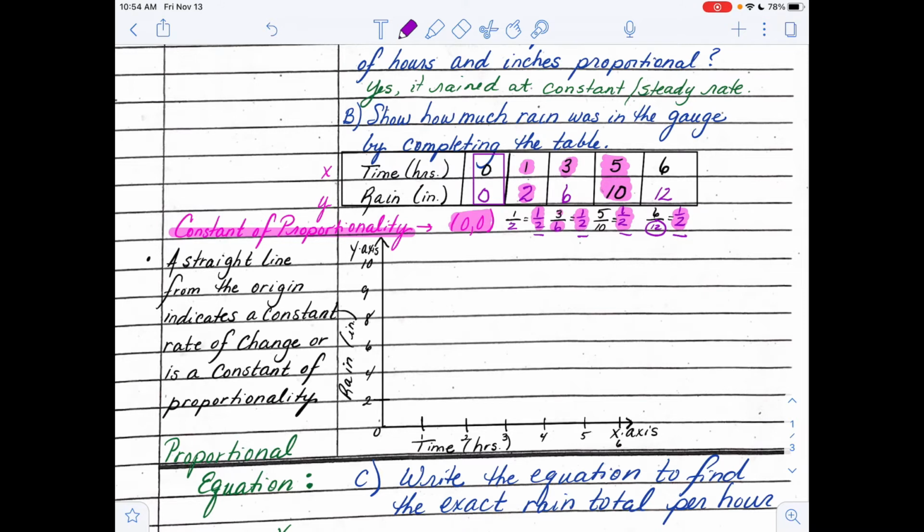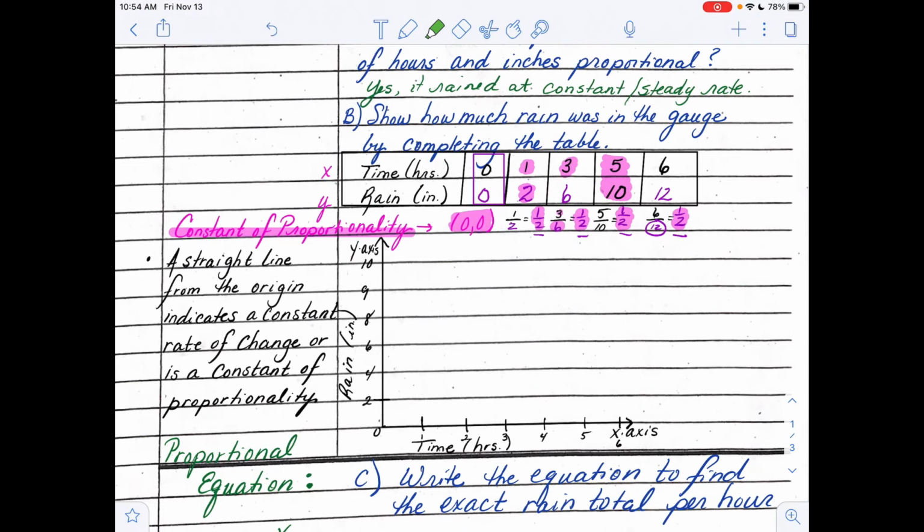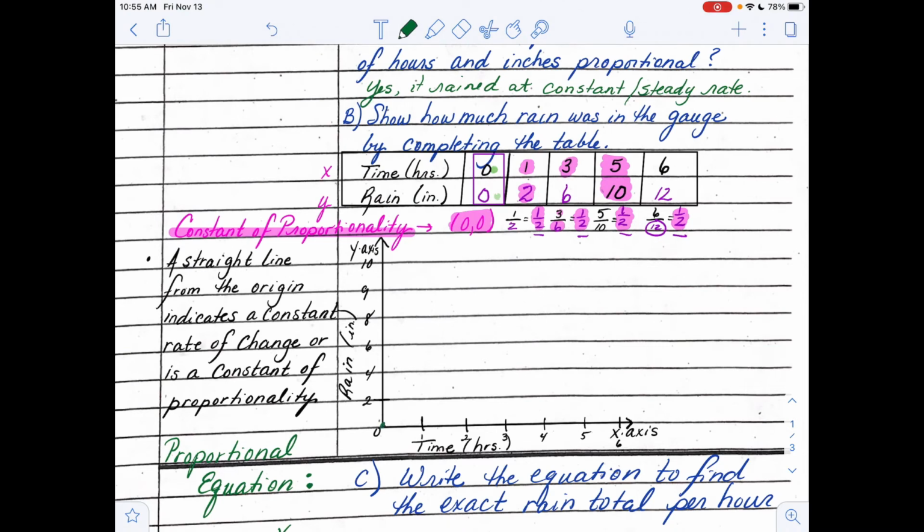And looking at a proportional relationship, especially in a graph, let's graph our chart. So time 0, rain inches 0. Let's put that on the graph. 0,0 would be right here at that point. 0 time, 0 rain.